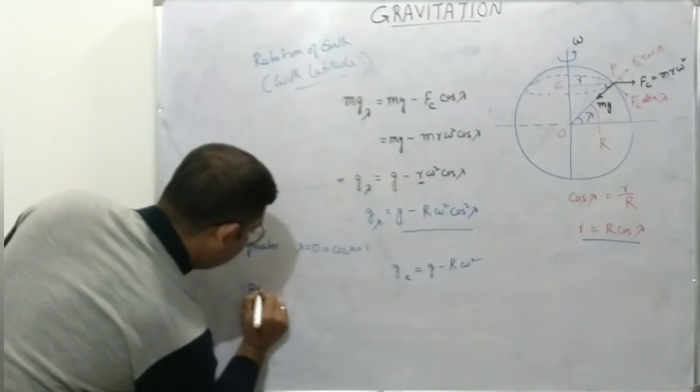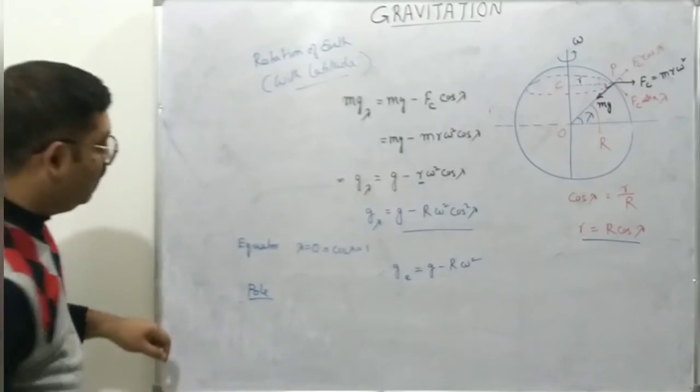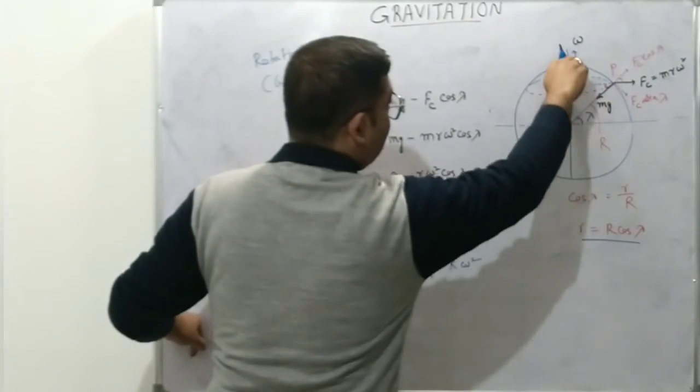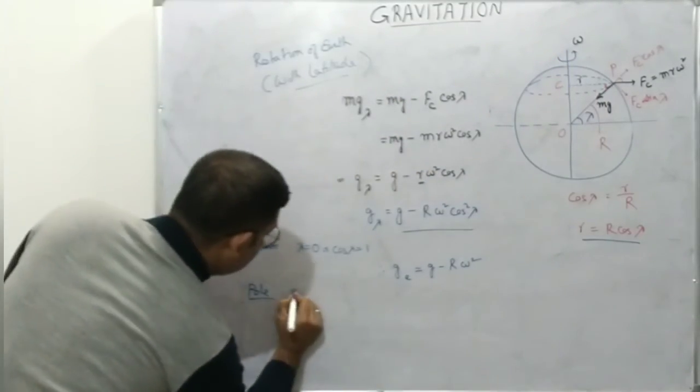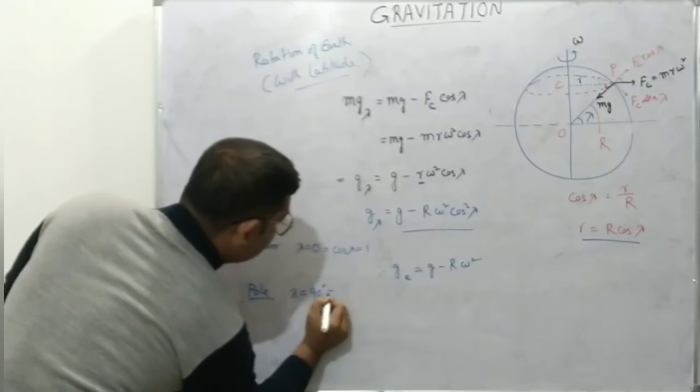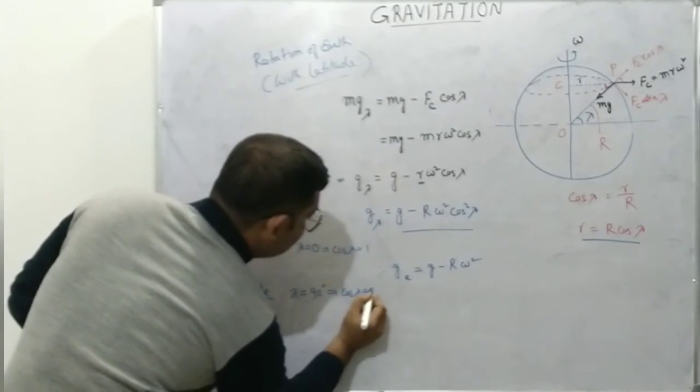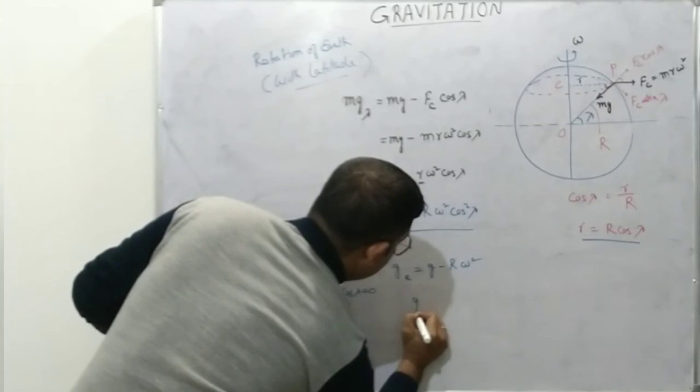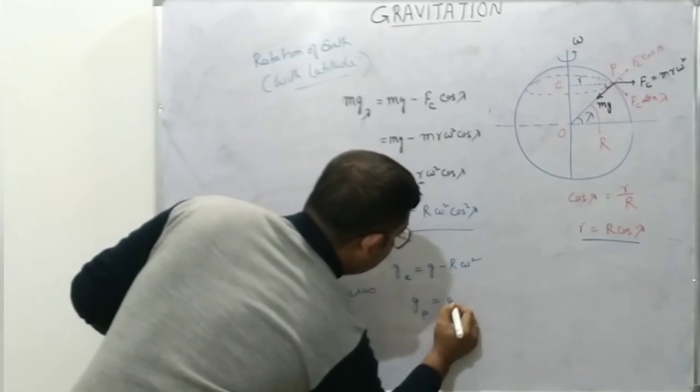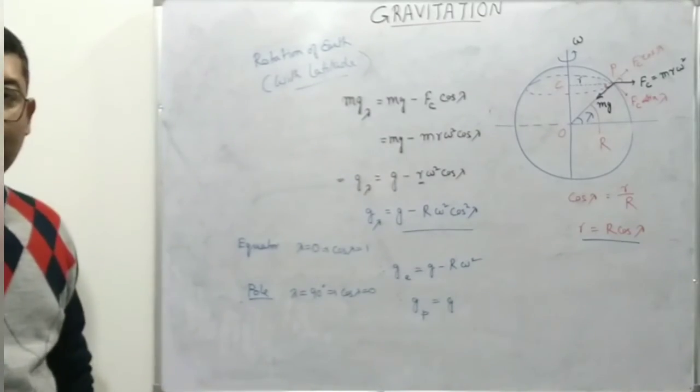At the pole, what do we get? Pole means along the axis of rotation, right, lambda will be equal to 90 degrees, giving cos lambda equal to 0. Therefore, acceleration due to gravity at the pole must be equal to g, the real value of it.